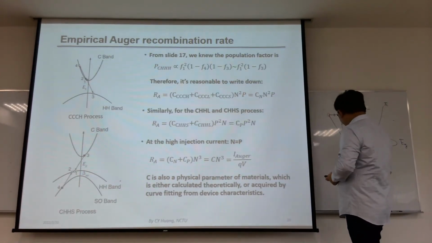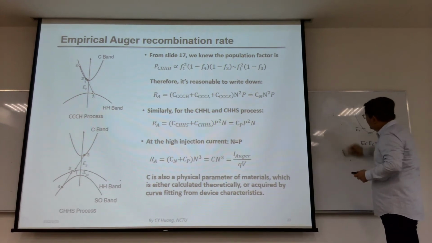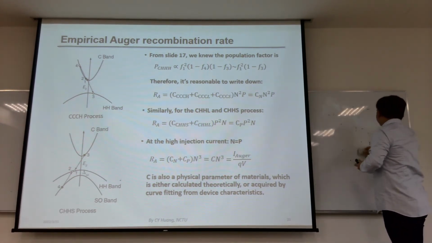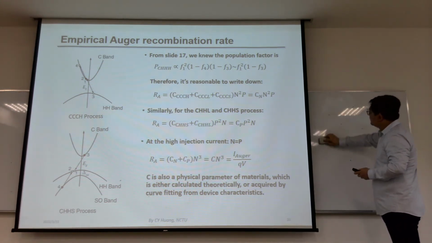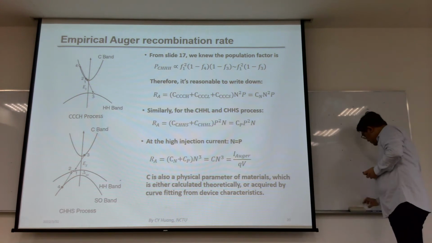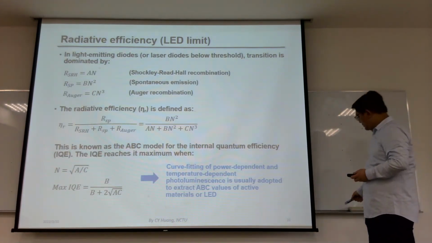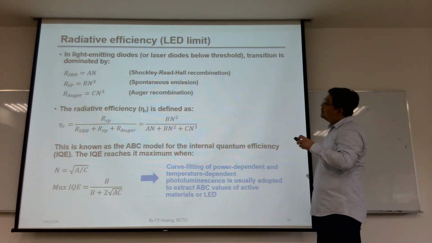So the whole carrier recombination procedure could be written in three terms. One is the Shockley-Read-Hall term, which we call AN.